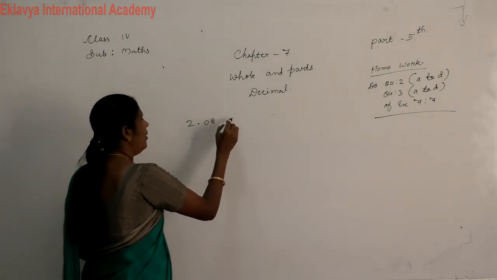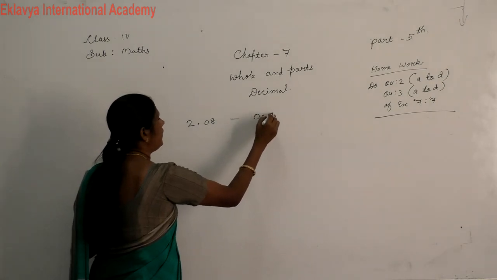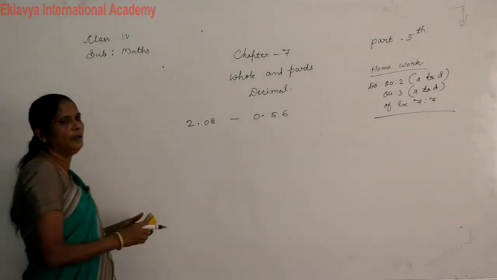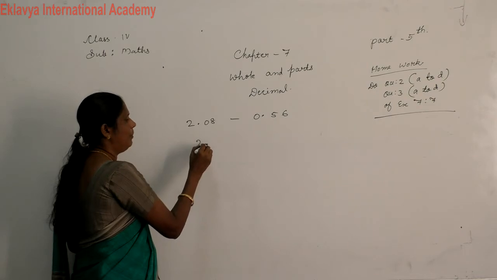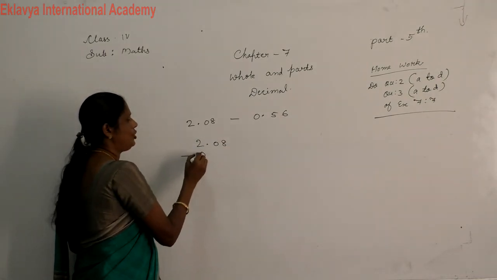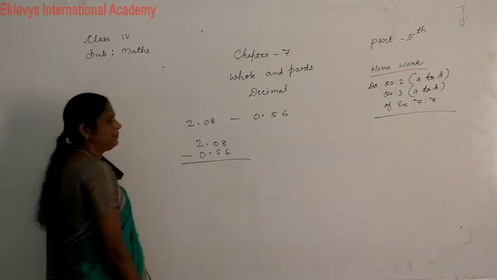Now, 2.08 minus 0.56. Listen, first you write 2.08 minus 0.56.